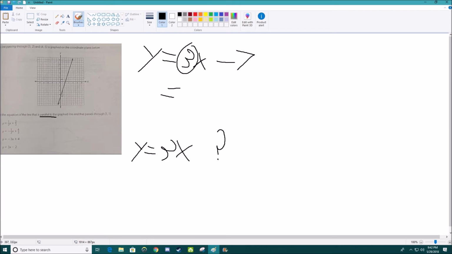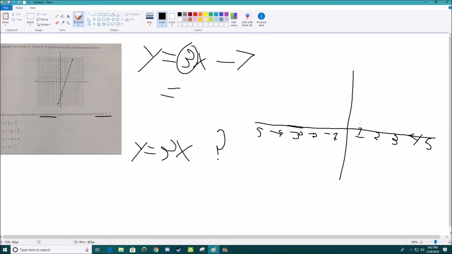However, we do know that the line passes through (1, 1). So we can just draw a quick graph as so, and label 1, 2, 3, 4, 5. So, we start at (1, 1), so right here.